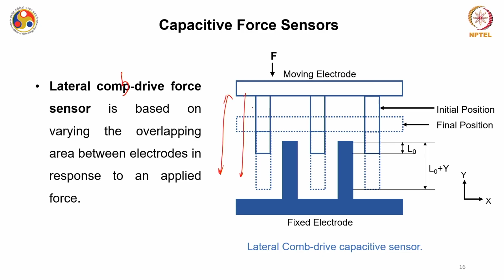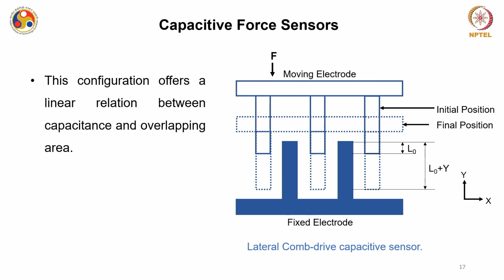This will move in this direction. Now, the x-axis movement is not there. The final position suggests the movement of this solid part to this dotted part. Initially it is here, finally it is moved to this position.